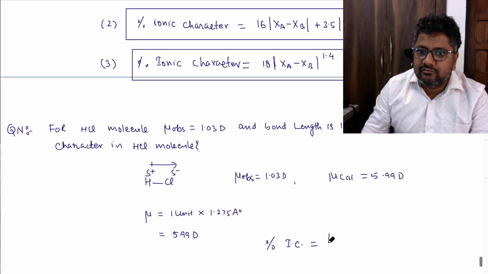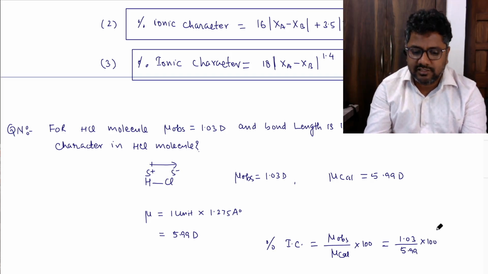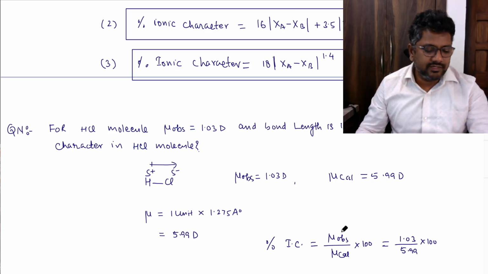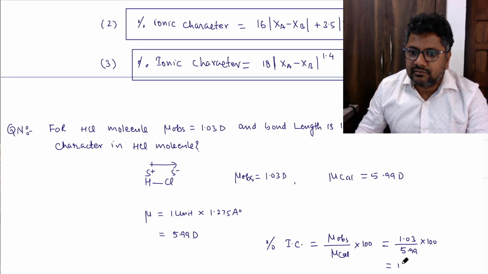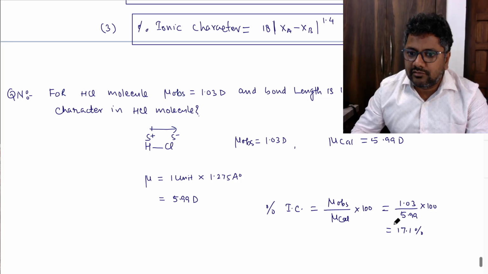So percent ionic character is equal to mu observed by mu calculated into 100. So this is equal to 1.03 by 5.99 into 100. So 1.03 divided by 5.99 is equal to 17.1%. So in the HCl molecule, 17.1% is the ionic character.